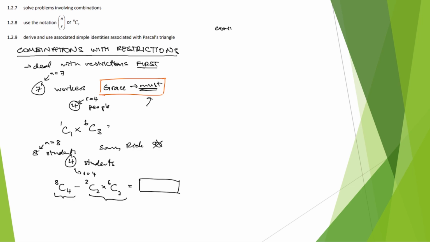We might also deal with combinations with choices from multiple groups. Let's say we have a group of 7 men and 5 women.